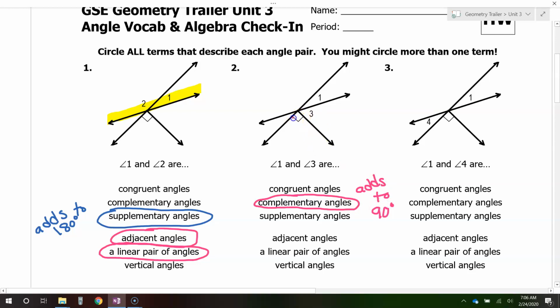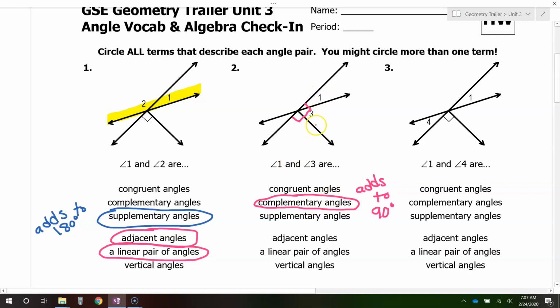You can see that this angle right here is 90 degrees. But that means that this angle over here is also 90 degrees. So angle 1 and angle 3 are sitting nestled inside of a 90 degree angle. So you know that they are going to add up to 90. They are going to be complementary.